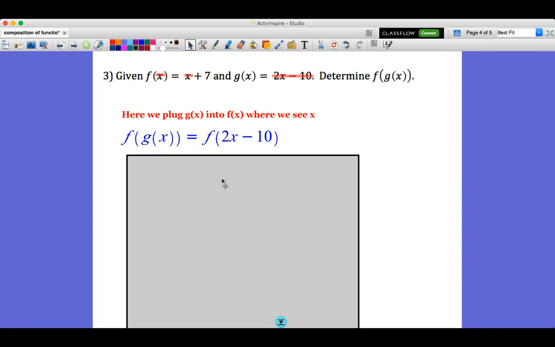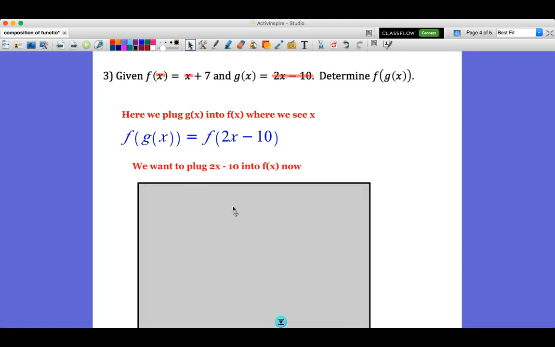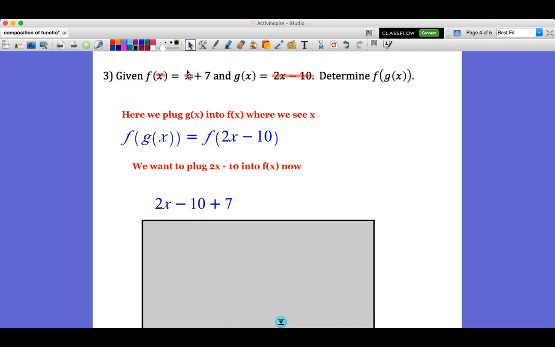f of g of x is really telling us we want to find f of 2x minus 10. So we're going to plug 2x minus 10 into f of x. We replace that x right here with the 2x minus 10. You still have that plus 7 because that's part of that function. So we have to figure out 2x minus 10 plus 7.